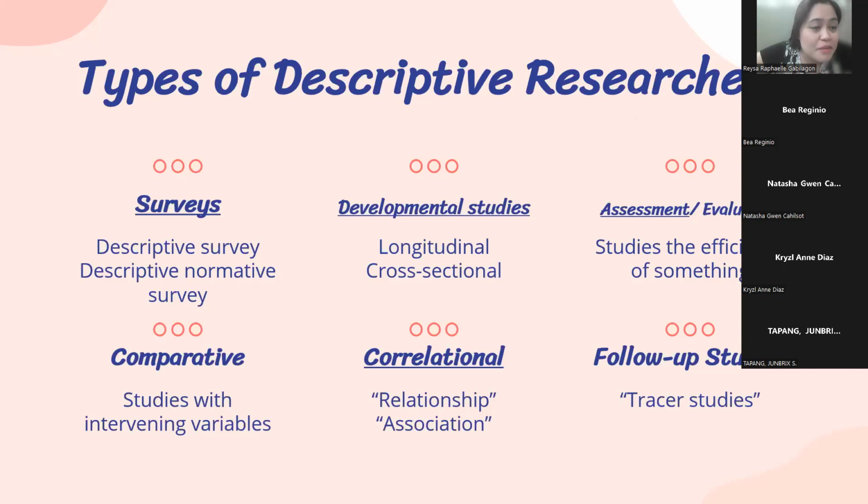Yun yung ang ating purpose is to give description sa ating respondent or sa behavior nila or sa characteristic nila. Pero ito yung mga types. We can do surveys class for our descriptive research, either a descriptive survey or a descriptive normative survey.